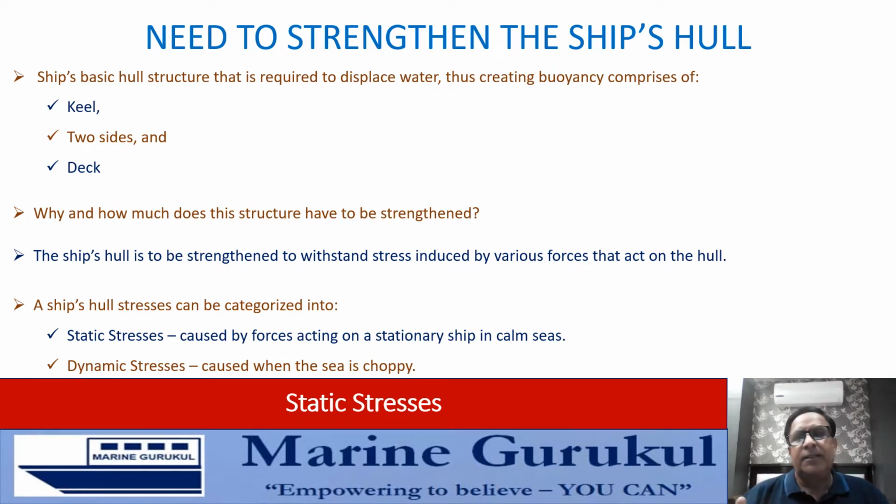When dynamic stresses exist, they coexist with the static stresses. Static stresses will always be present, and in conditions where dynamic stresses also exist, they will be over and above the static stresses, or they will modify the value of the static stresses.